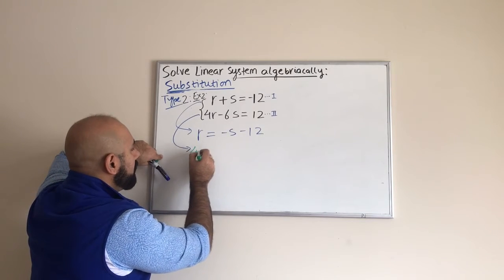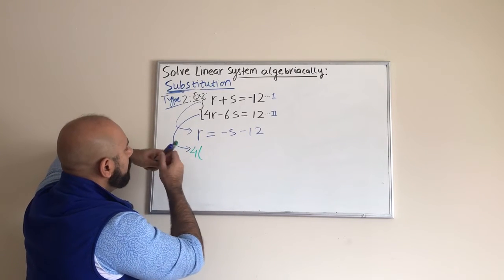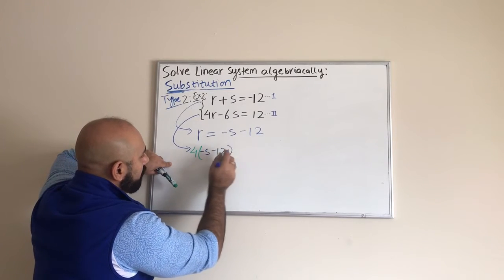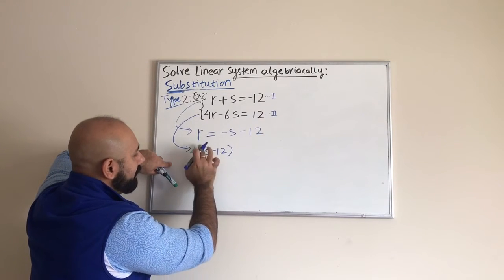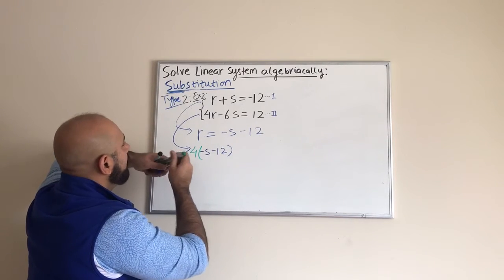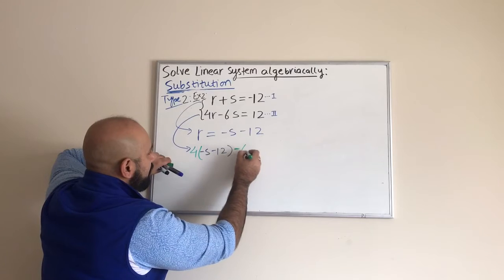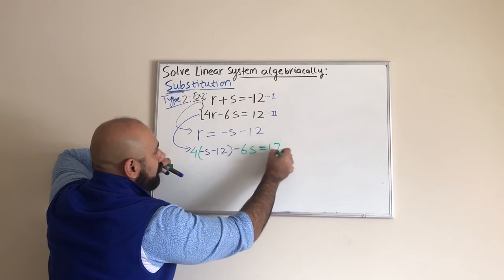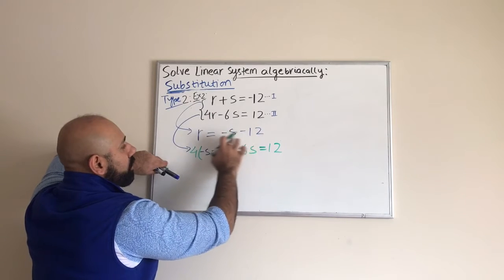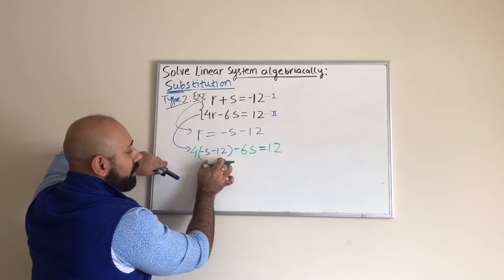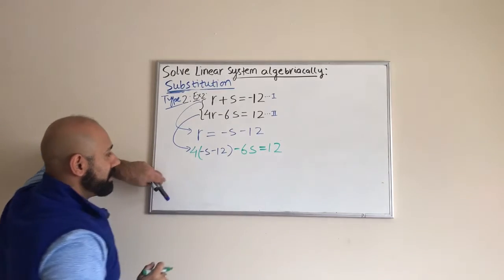So it's 4 times, and guys, don't forget to put this in parentheses because it is a binomial. So you've got to put it in parentheses, and then there's a minus 6s. The rest stays the same. Nothing changes except for r. R is the only piece which is going to be replaced by negative s minus 12, which has been done here in blue, and everything else is the same.